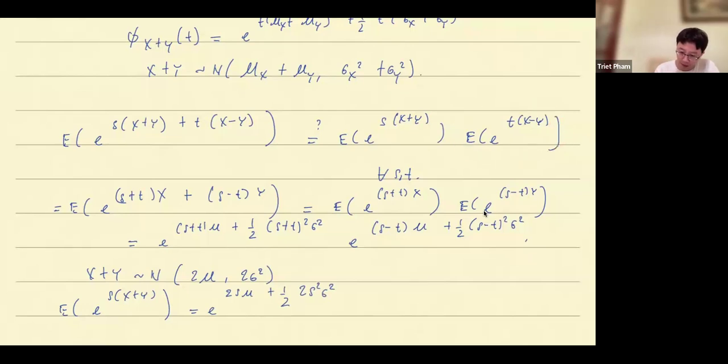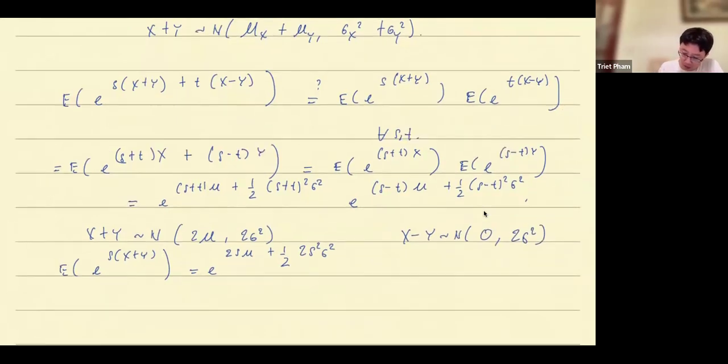Similarly, this X minus Y will be normal with mean 0 and variance 2 sigma squared. So the expectation of e to the t times (X minus Y) will be e to the 0, so nothing there. We only have 1/2 times 2 t squared sigma squared.